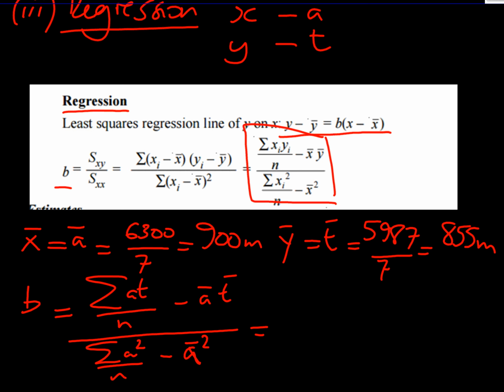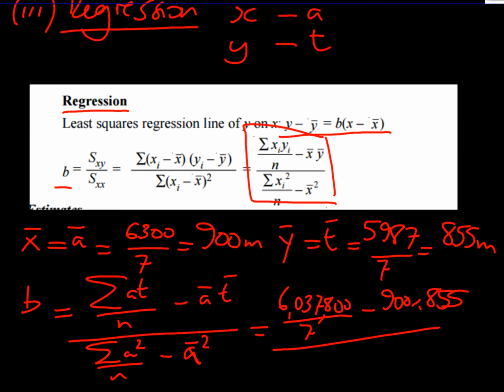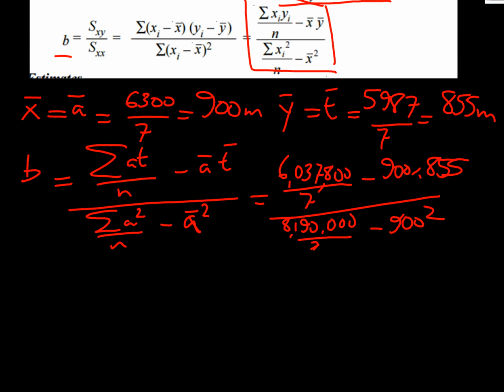So using our figures from earlier, that's 6037800 over 7 minus 900 times 855, over 8,190,000 over 7 minus 900 squared, and if we put that in our calculator, that figure comes out as 0.2577.